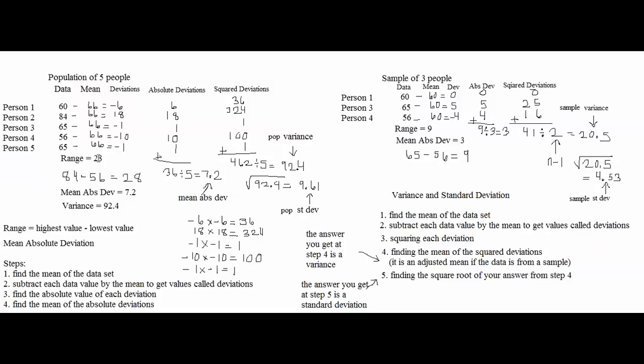So this range right here, this variance, this standard deviation, and this mean absolute deviation would all be called population parameters. These same values over here, the range of the sample, the mean absolute deviation of the sample, and the variance and standard deviation of the sample would all be called sample statistics because they were all calculated with a sample.